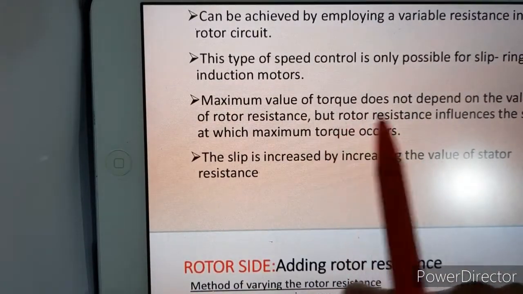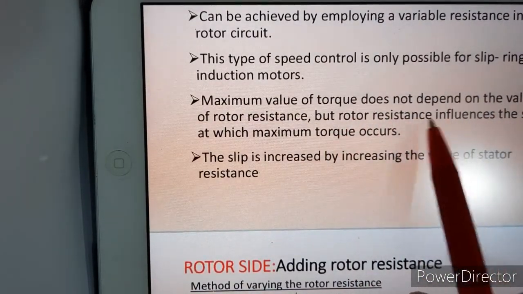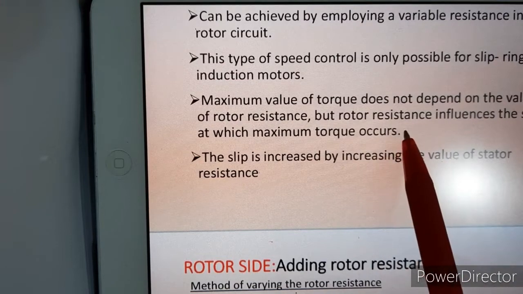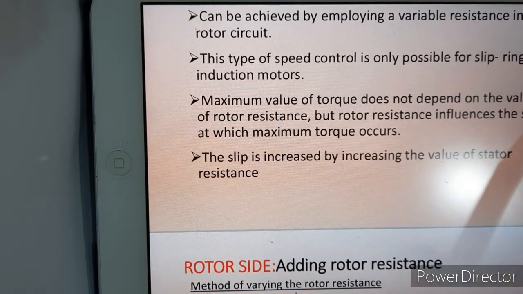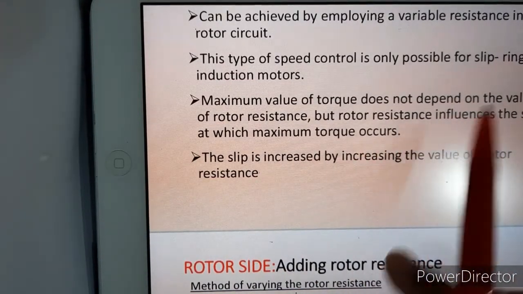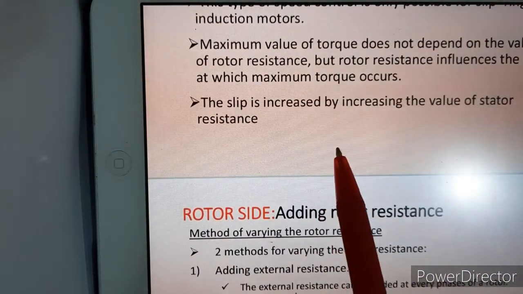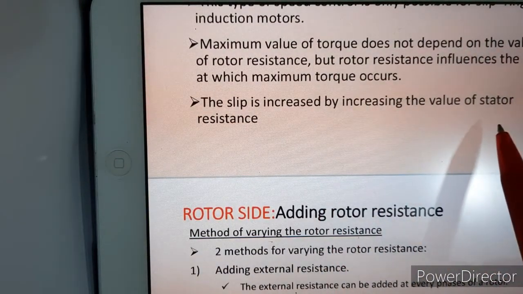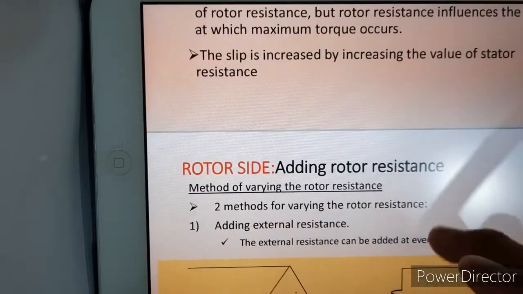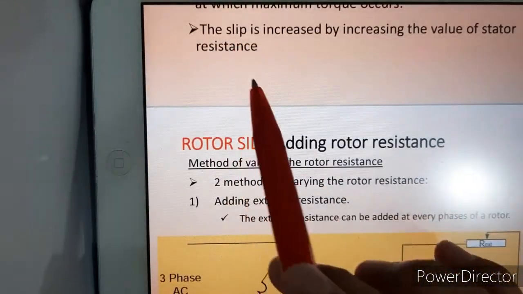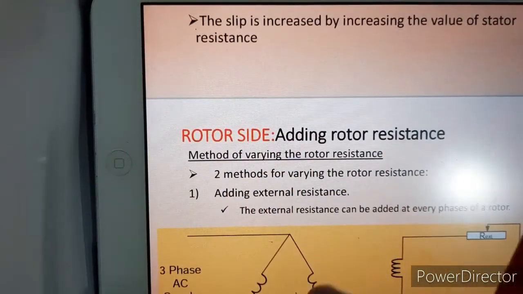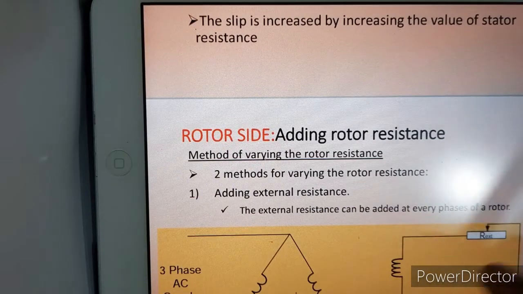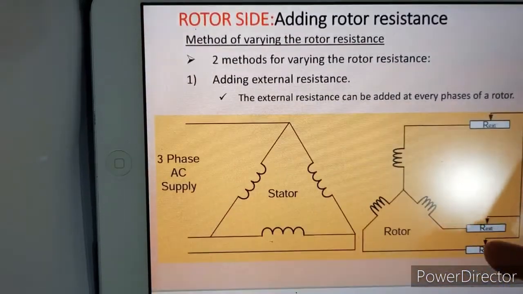The maximum value of torque does not depend on the value of the rotor resistance, but the rotor resistance influences the slip at which maximum torque occurs. The slip is increased by increasing the value of the rotor resistance. So remember, slip is the speed difference between the synchronous speed and the rotor speed.